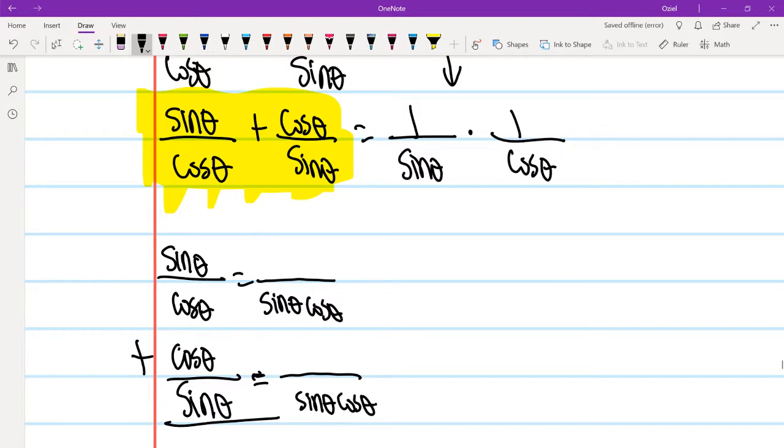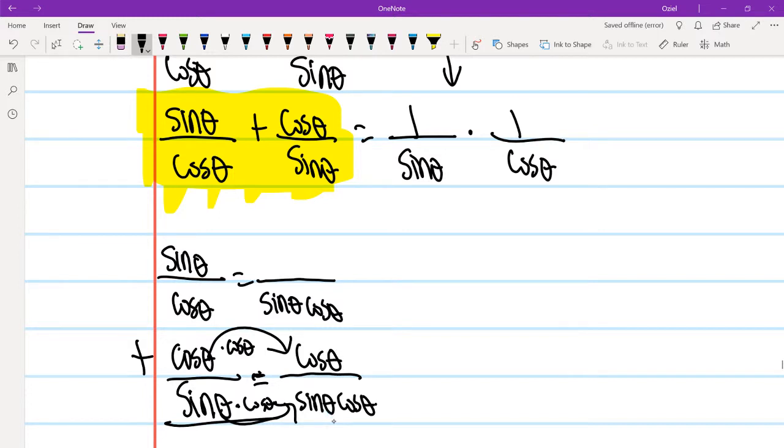and so then you would ask yourself, how did I get from sine of theta to sine theta cosine theta? Well, you multiplied times cosine theta, and what you do to the bottom you have to do to the top. So you would also say times cosine of theta right here.